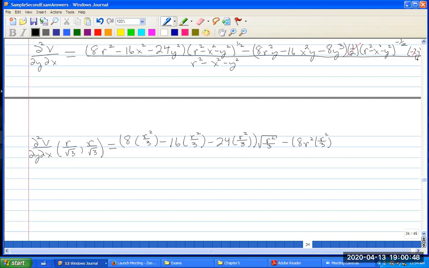And so there are 3 minuses, so that's going to be a minus 16. x squared times y squared is r to the fourth over 9. Again, there are 3 negatives. And so they'll give you a minus 8.